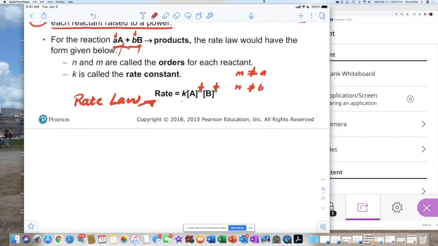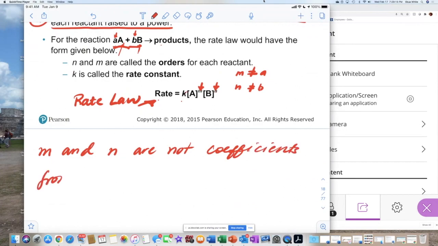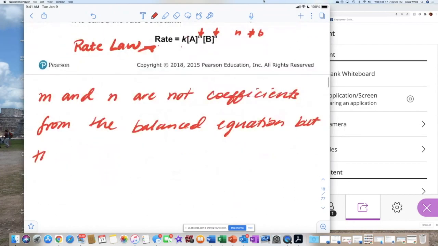Since m and n are not coefficients from the balanced equation, they are called order of reaction.